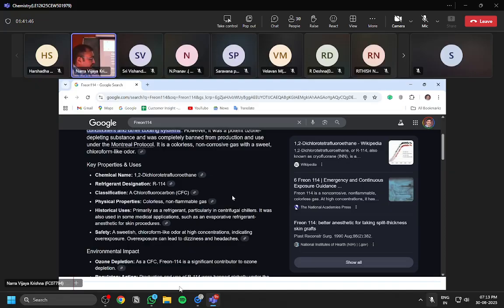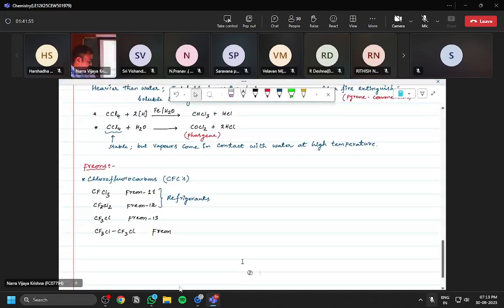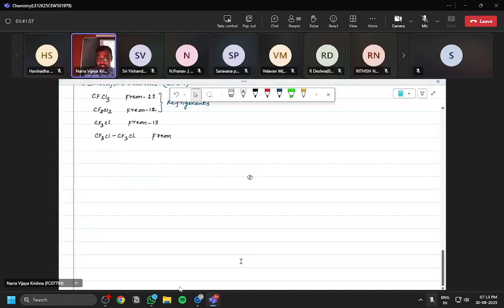So can I write it as 1 chlorine on this carbon and 2 fluorines. So CF2Cl-CF2Cl. Oh, I wrote it as CF3. CF2Cl-CF2Cl. Carbon valency, man. Now what can I write? 0, 1, 1, 1, 4. Correct now?